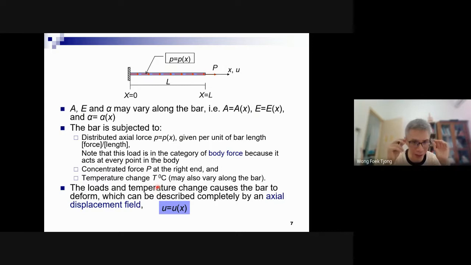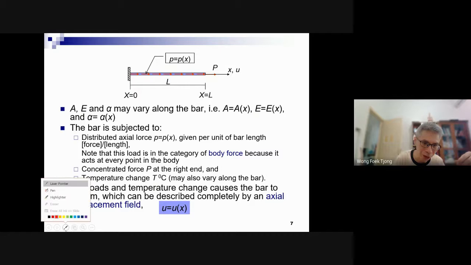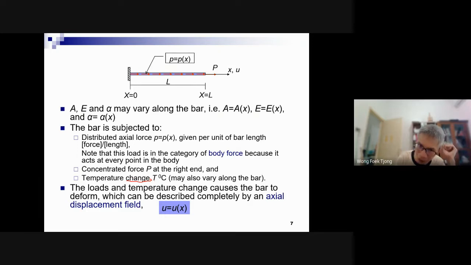For example, initially in the undeformed state, the bar has a temperature of, let's say, 20 degrees Celsius, and then it changed after deformation to 25. It means T is 5 degrees, okay? That's the temperature change, not the absolute temperature. Please notice this is not absolute temperature, okay?